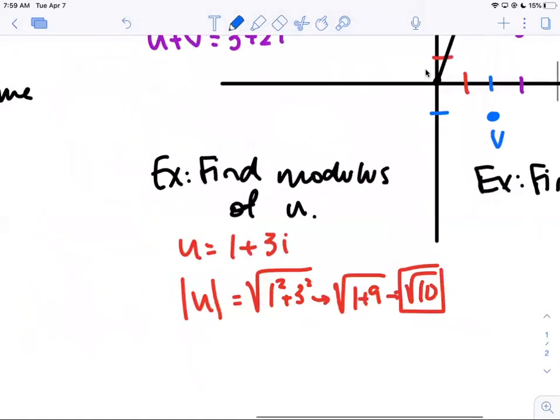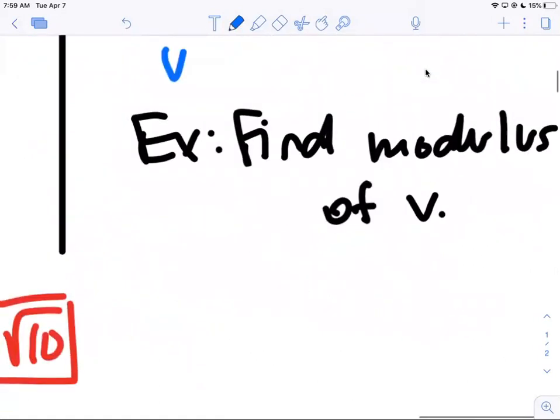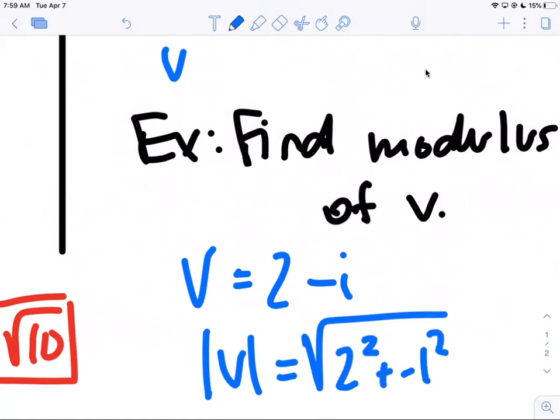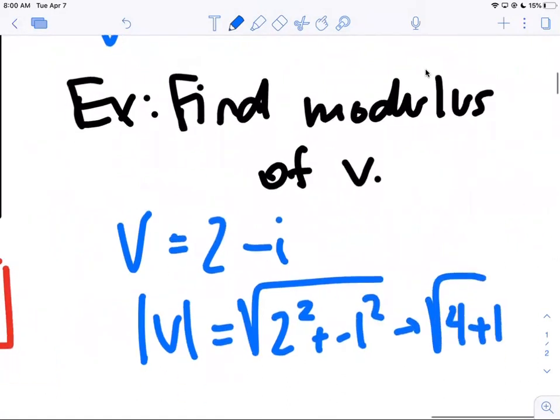Now I'm going to find the modulus for v, which we know was 2 minus i. So if v equals 2 minus i, then the absolute value of v equals radical 2 squared plus negative 1 squared. 2 squared is 4, 1 squared is 1. That equals radical 5.